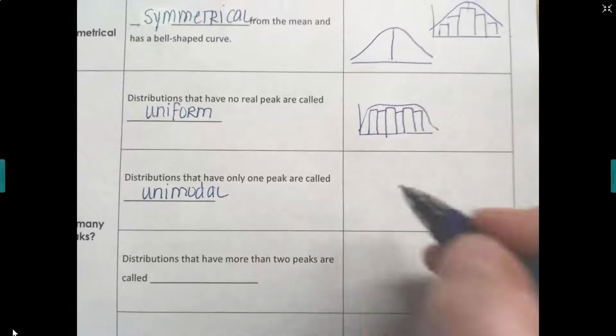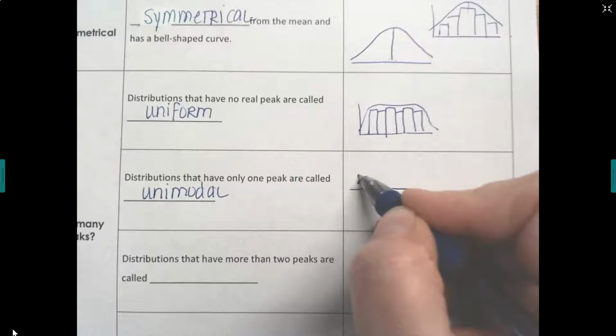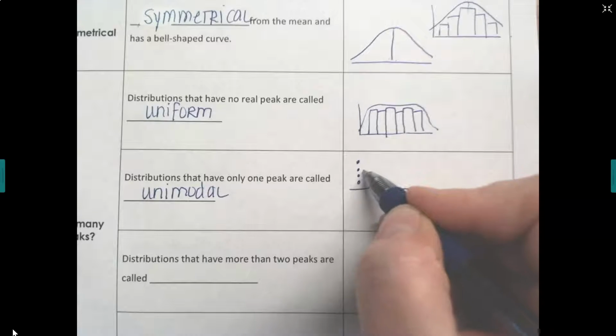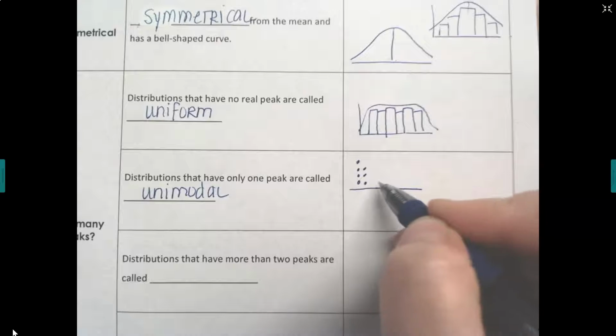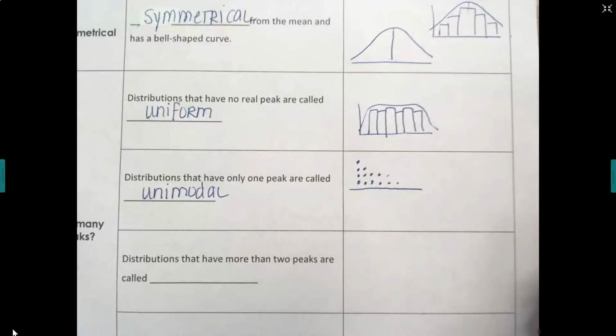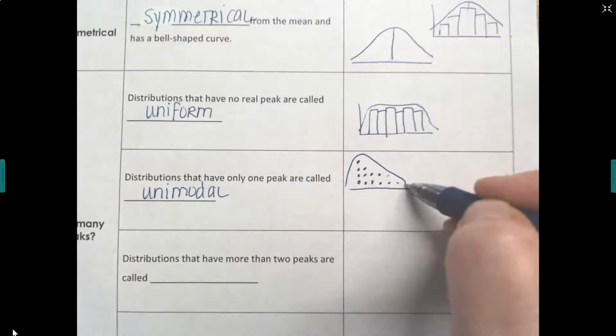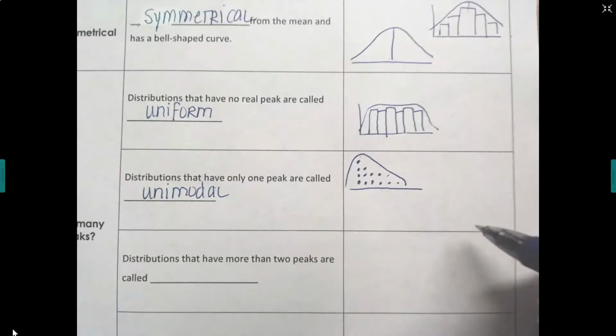Uni means one. Let me show you in a dot plot. A dot plot is like a frequency chart. It tells you how many fall into each category. If I look at this and throw a blanket over it, you can see there's only one peak. So that would be unimodal.